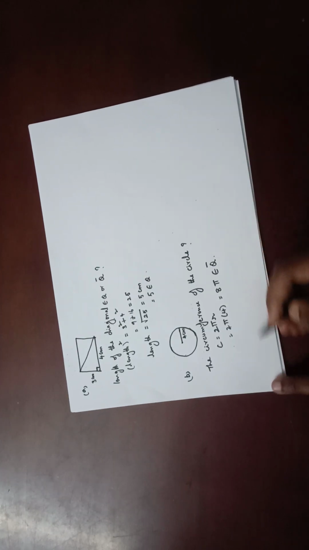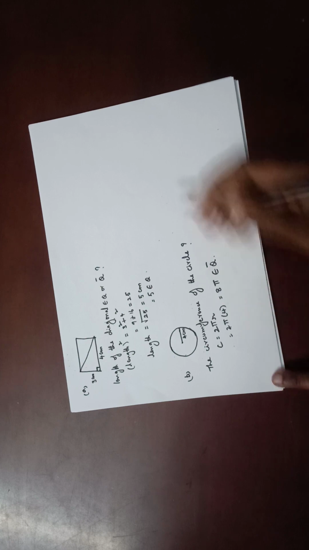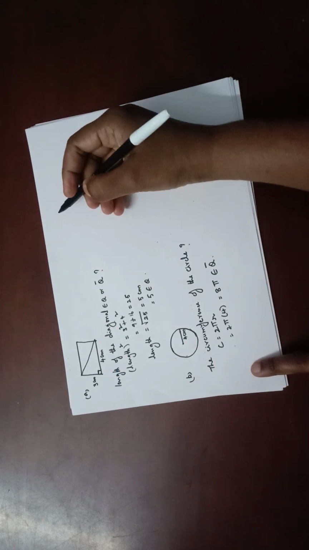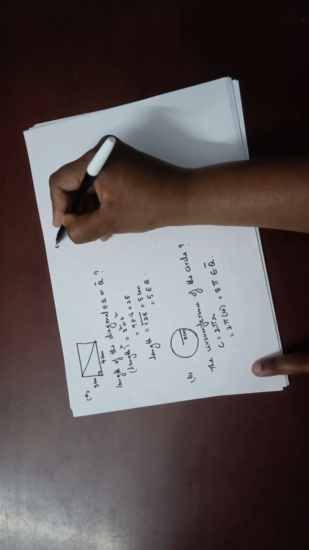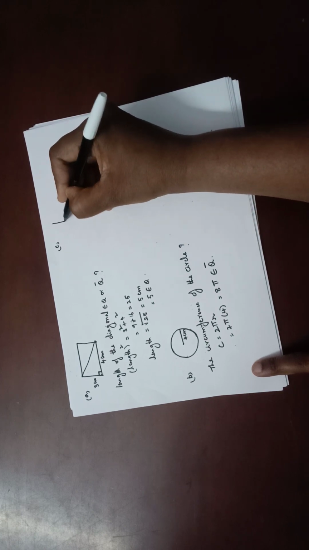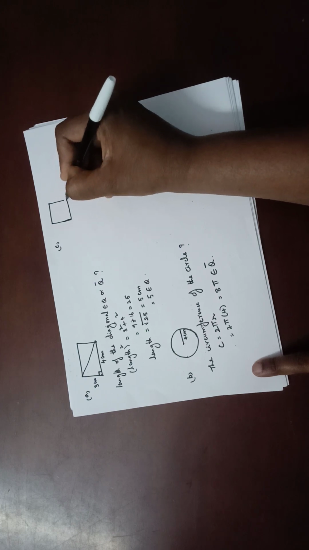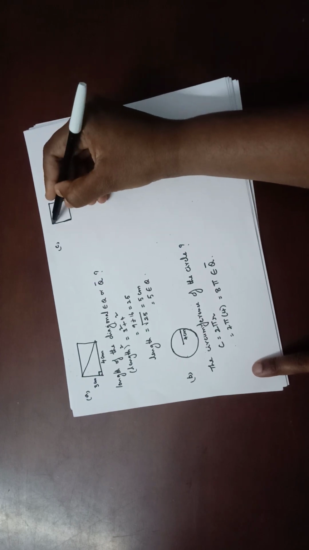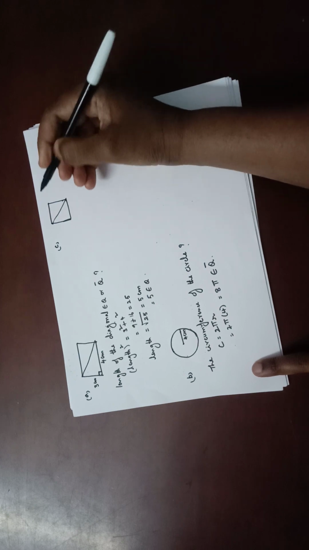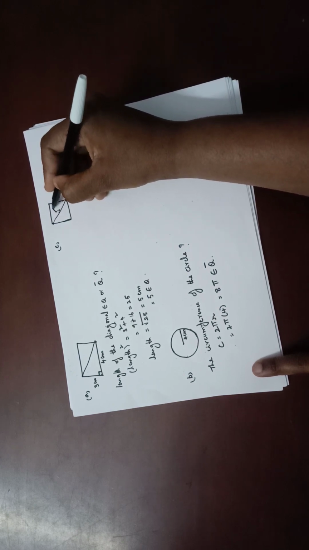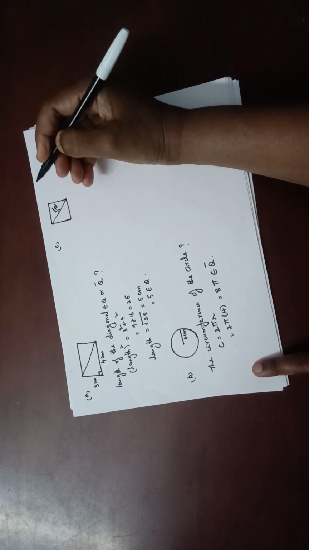Okay, so coming to one more bit, that is the C bit. Here a square diagram is given. Only the diagonal measurement is given, which is root 72.